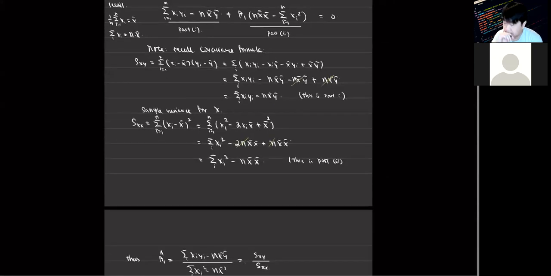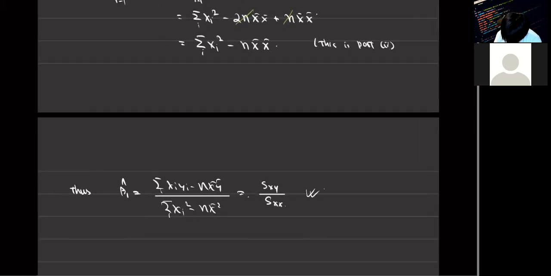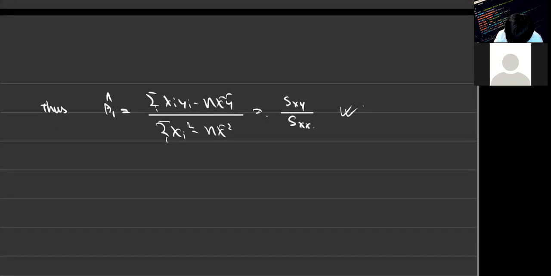So this is where the linear coefficient beta 1 is essentially found. And once we solve for this one, then you can plug it back into beta 0 hat. Which is what? Beta 0 hat is y bar minus beta 1 hat x bar.